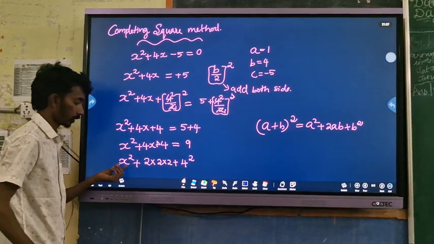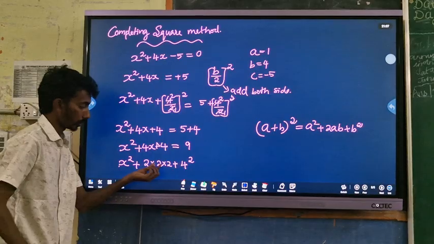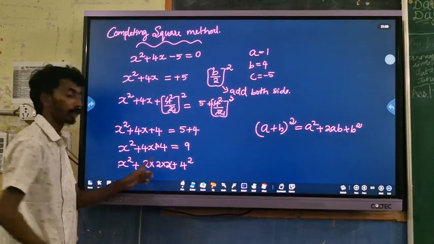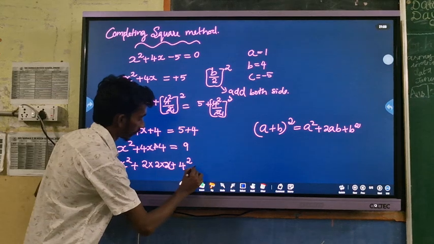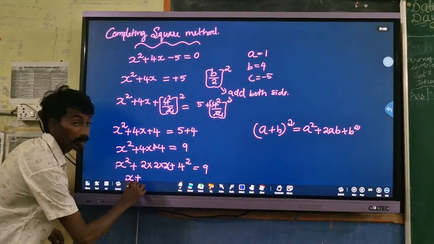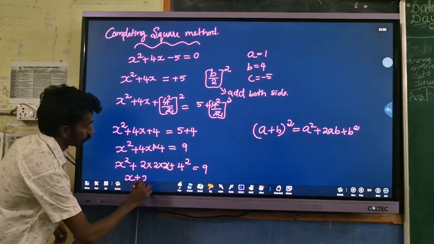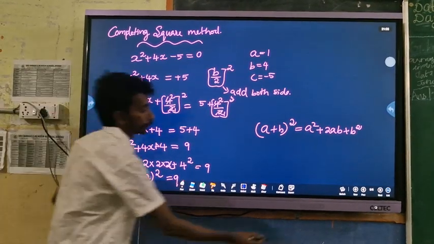See here, a square, b square, 2ab. So this one we can write as (x plus 2) whole square is equal to 9.